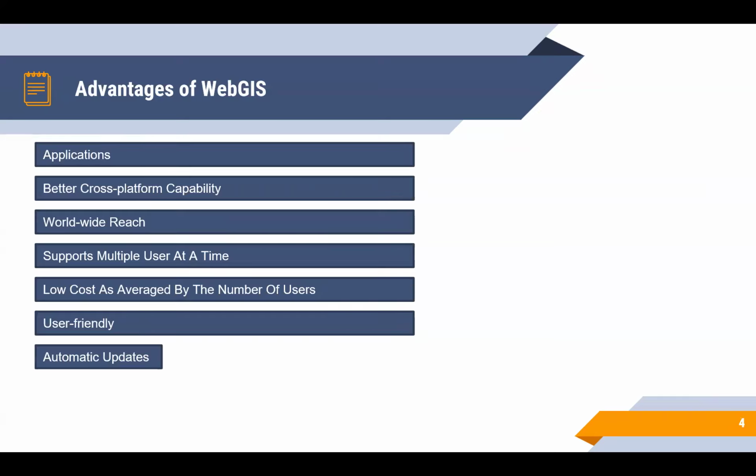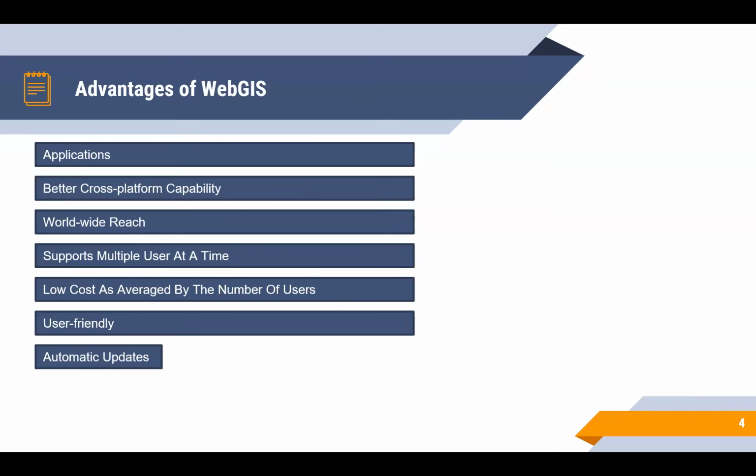I think all the points will be crystal clear to everyone because we already have discussed all these things. WebGIS obviously has cross-platform capability. We no need to worry about iOS and Android. Worldwide reach, because this is a web application, there is no restriction. You can access this application from anywhere, any part of the world.